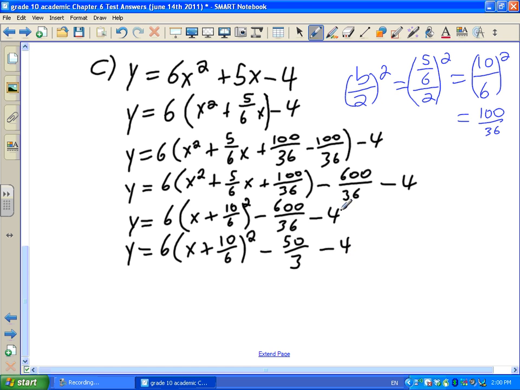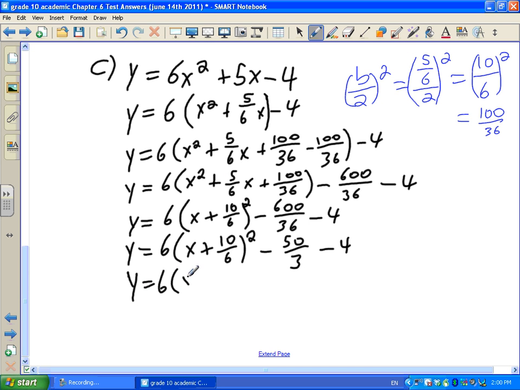Now it'll be easier to turn the 4 into a common denominator. Right now it's over 1, and I'm going to multiply that fraction by 3. So rewrite the whole thing underneath.